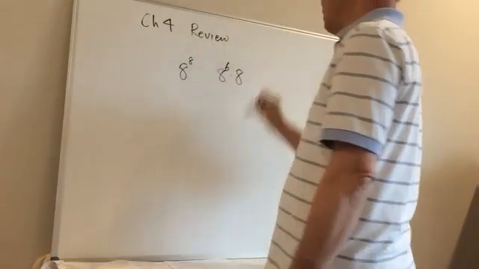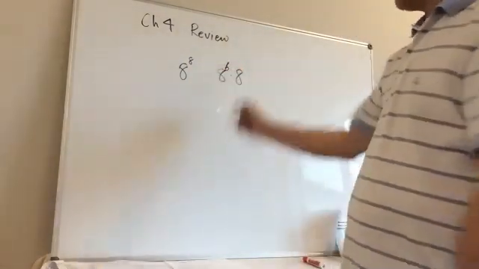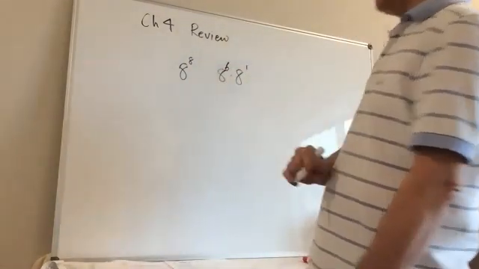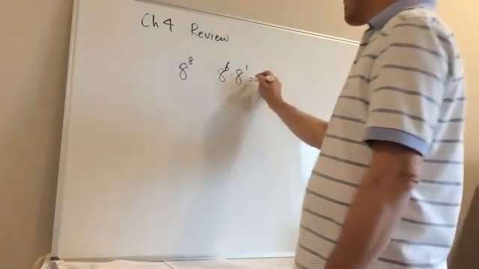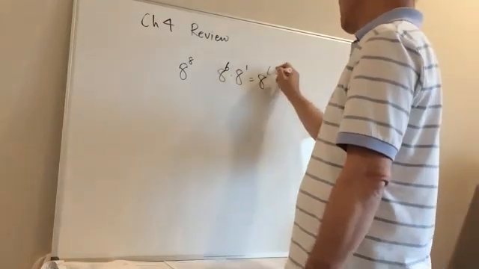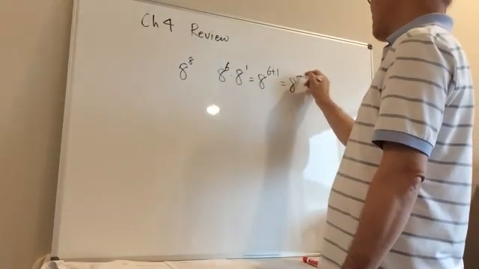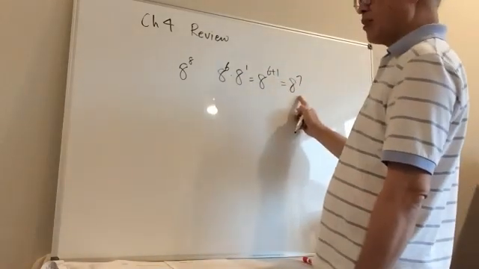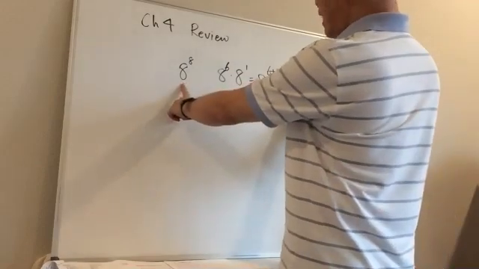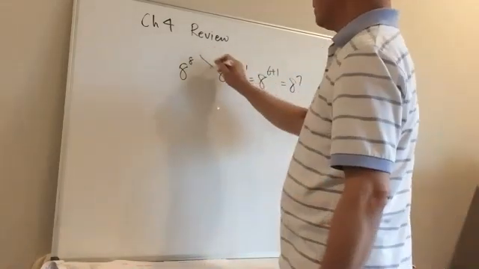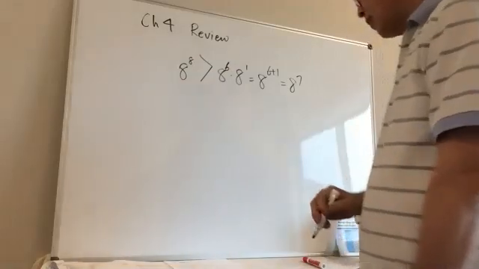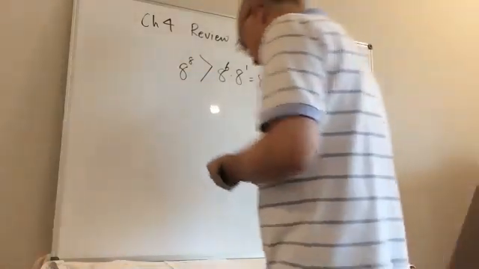And that 8 is the same as 8 to the 1, which means that this side is going to be 8 to the 6 plus 1, which is 8 to the 7th. So on one side I have 8 to the 7th, the other I have 8 to the 8th. So obviously this guy's going to be larger, right? Okay, so that was 34.